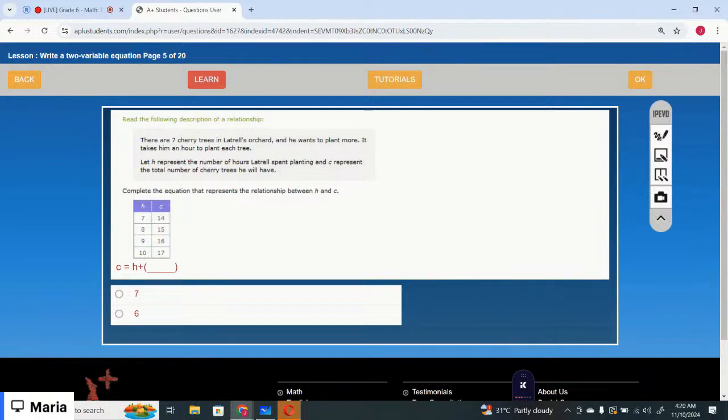Complete the equation that represents the relationship between H and C. C equals H plus the missing number. So, which number is missing?